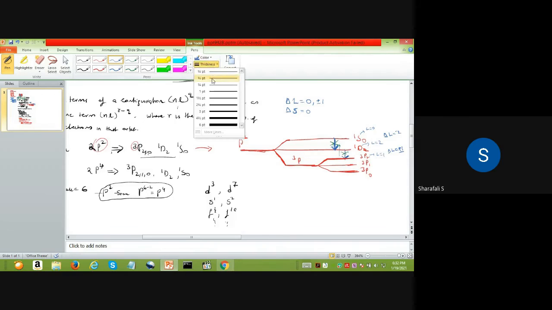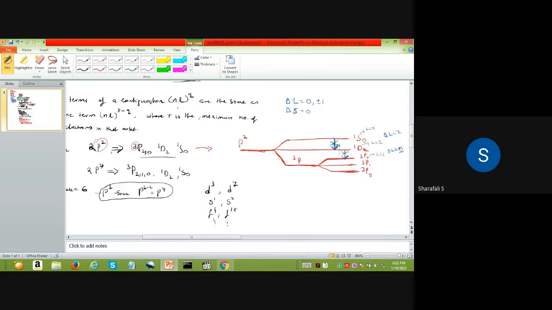Consider another transition. Let's say this one. So this is also not possible because multiplicities are different, which means that those transitions are not possible, because delta S should be equal to 0.